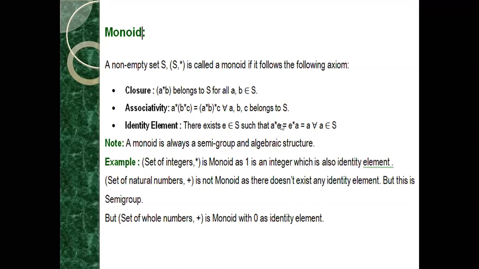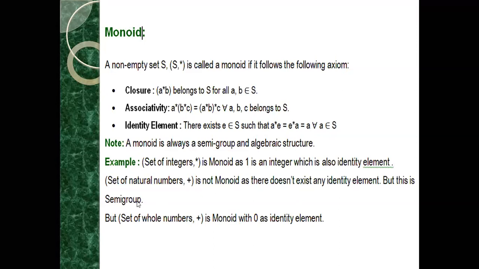0. Only if we add 0 does the resulting value become 5. Okay, so the identity element for 5 is 0. But the natural number set starts with 1, 2, 3, 4. So there is no identity element for 5 in the natural number set. That's why the natural number set with binary operation plus is not a monoid, as there doesn't exist any identity element.